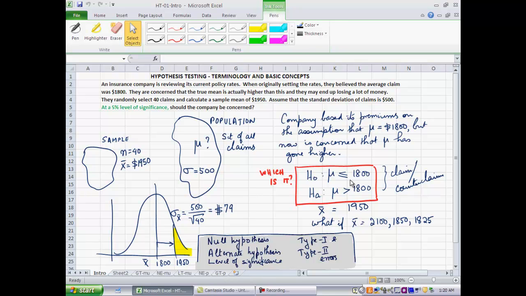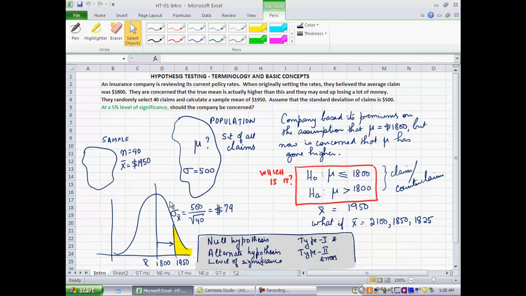Or another way to state the same question is, what is the probability of observing at least as extreme a value as what I see in the sample if the null were true as an equality. If that probability is very low, and what we mean by very low, if that probability is less than our level of significance, the level of risk we are willing to assume.